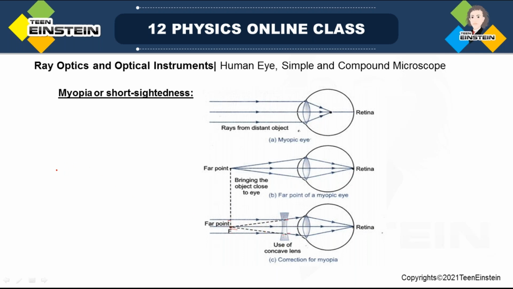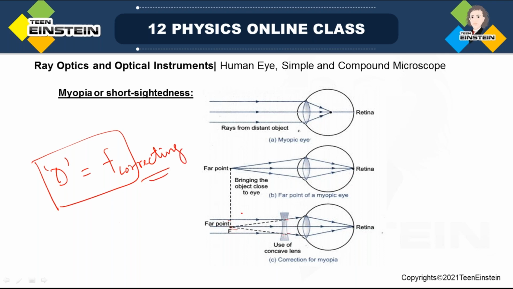So the near point of the defective eye has to be equal to the focal length of the correcting lens. This is the fundamental point here.